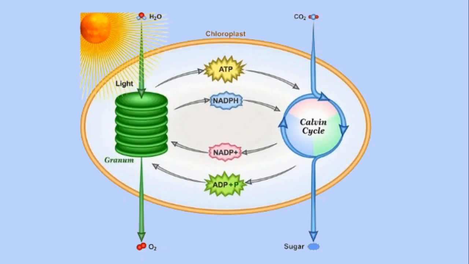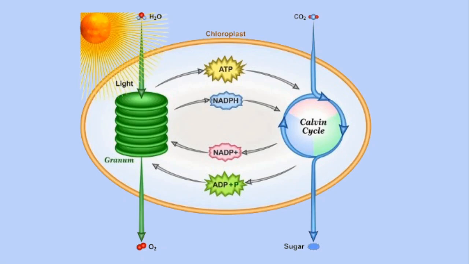Okay, then the water molecule has hydrogen, oxygen and electrons, right? So hydrogen is picked up by NADP to form NADPH. Electron is used to convert ADP to ATP by adding an inorganic phosphate. This is called phosphorylation.